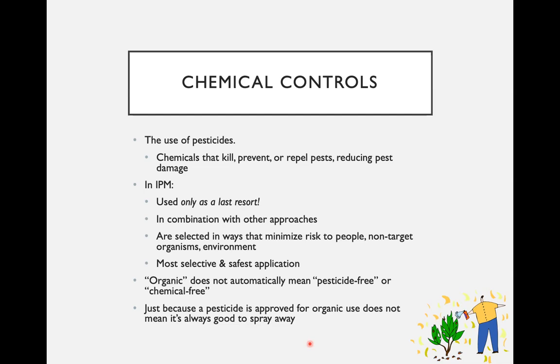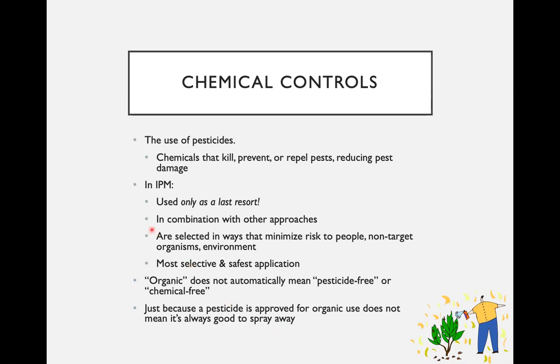But just because a pesticide is approved for organic use does not mean it's always the best choice. It's not good to just start spraying away without doing some research into what that pesticide is and how it works and how it persists in our environment.